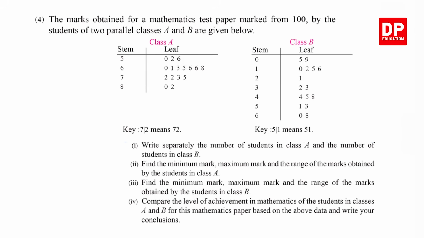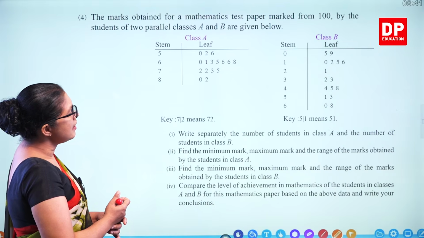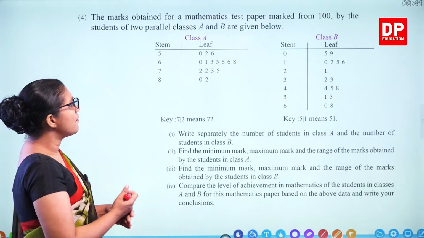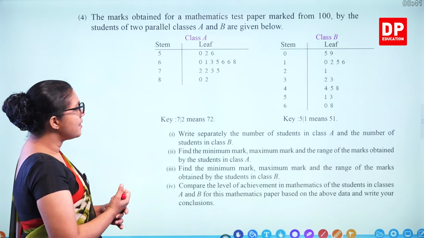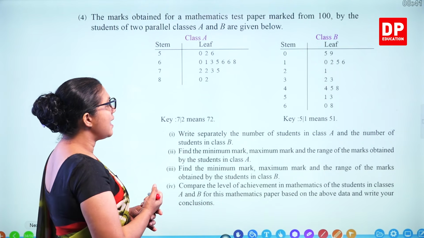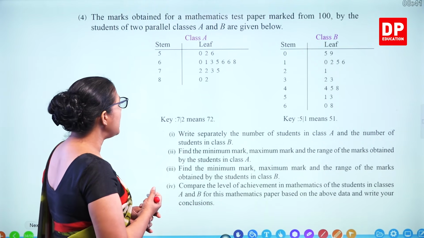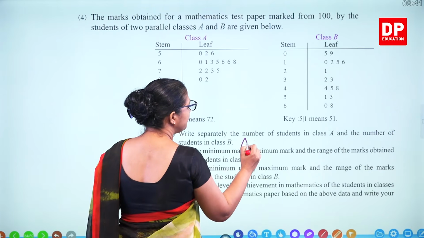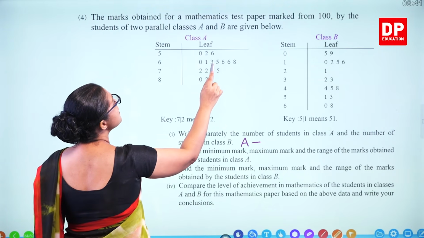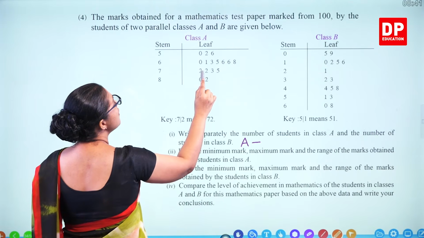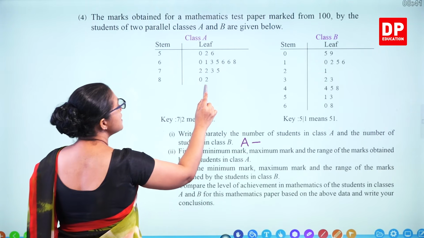The marks obtained for a mathematics test paper marked from 100 by the students of two parallel classes A and B are given below. Key is given, so 72, so out of 100. Write separately the number of students in class A and the number of students in class B. Class A, how many students? 1, 2, 3, ... 16.